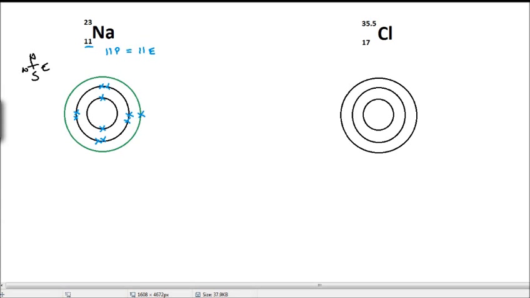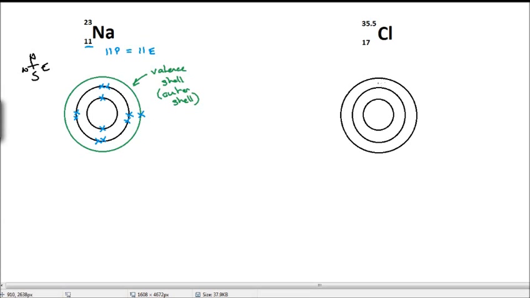The valence shell. It's called that because it's the outer shell. So you can see here that in our valence shell we've got 1 electron.